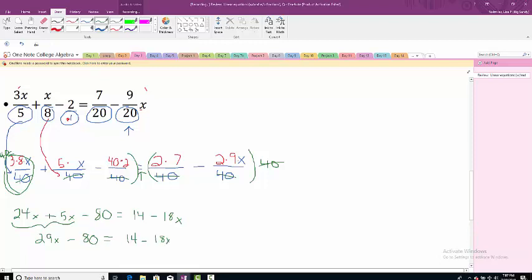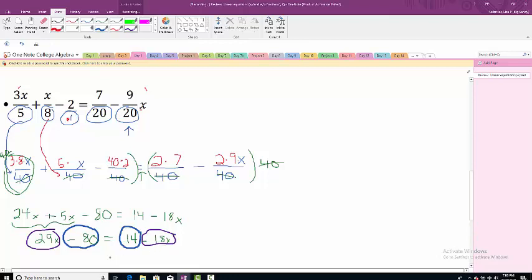So now we have like terms on opposite sides of the equal sign. So we have to do opposite operation. The 14 and the negative 80 are like terms. Likewise, the 29x and the negative 18x are like terms. But we have to decide which ones we want on which side.